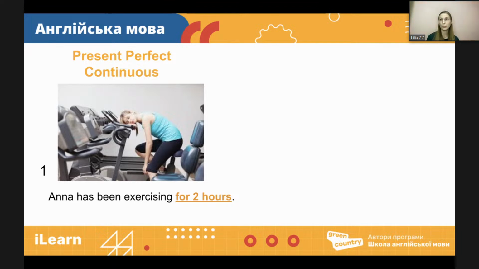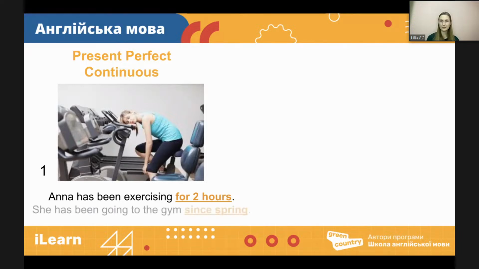Or, for example, my mom's hands were in dirt because she has been working in the garden. So I don't know what results she achieved there, but I know that she spent some time there before she came back.